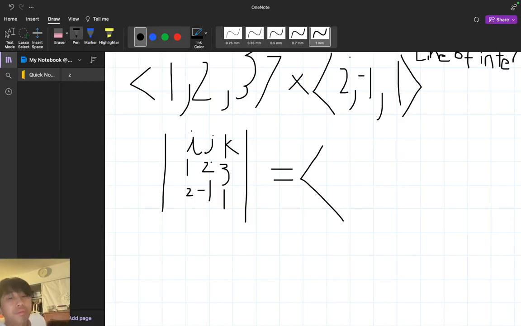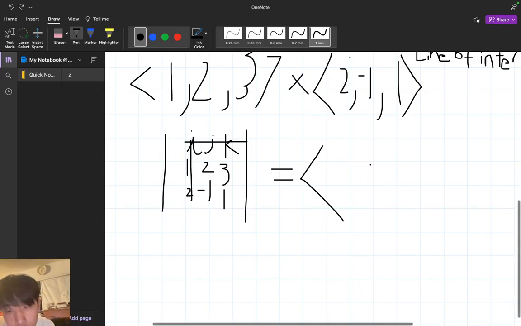So, first slot. Alright, so we cross these out and go left to right. So that's 2 minus negative 1 minus 1 times 3 is 3. So that's 2 plus 3, and that's 5.